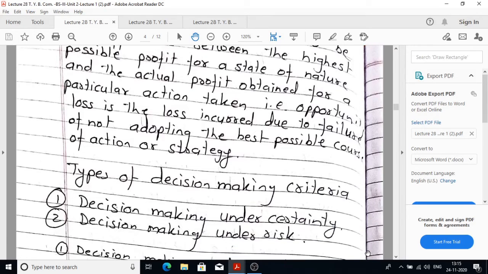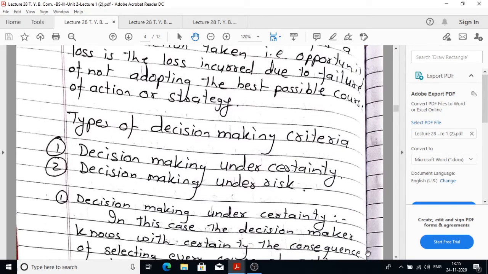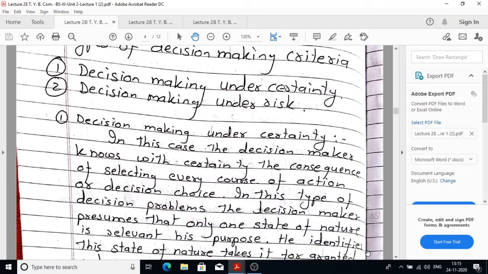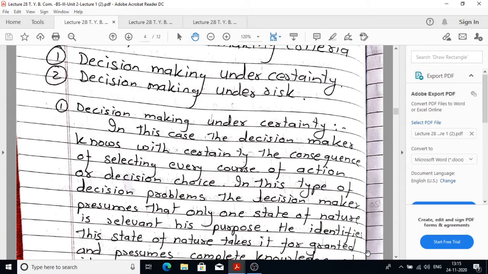Types of decision making criteria. First is decision making under certainty. Second, decision making under risk. Decision making under certainty. In this case, the decision maker knows with certainty the consequences of selecting every course of action or decision choice.